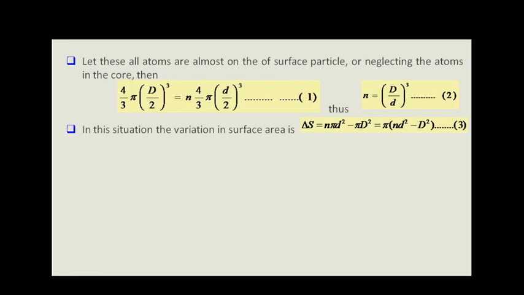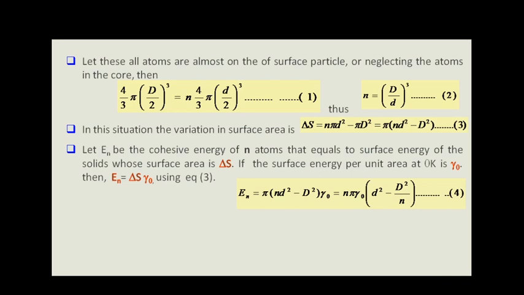These are the atoms which compose the nanoparticle. In this situation, the variation of the surface could be calculated by equation 3, that is delta S equals n pi d square minus pi capital D square. Let En be the cohesive energy of n atoms, and that equals the surface energy of a solid. Because I am considering the entire particle is on the surface, if En is the cohesive energy of n atoms, then naturally that would be exactly similar to the particle cohesive energy.